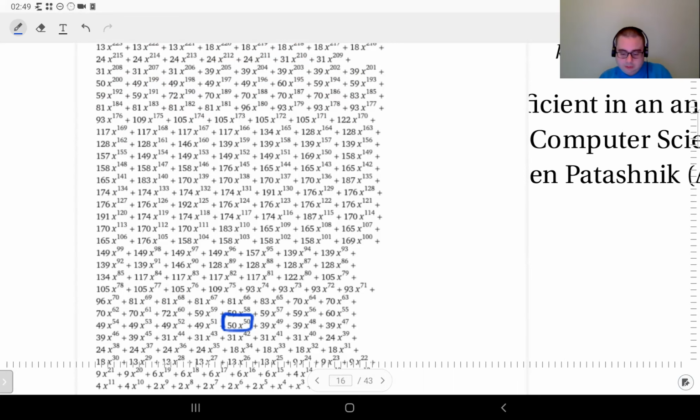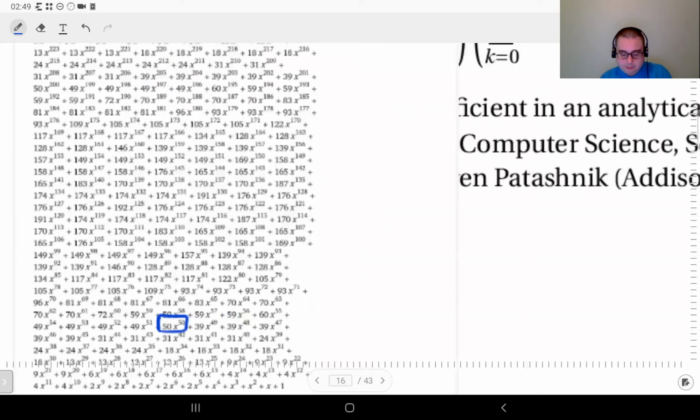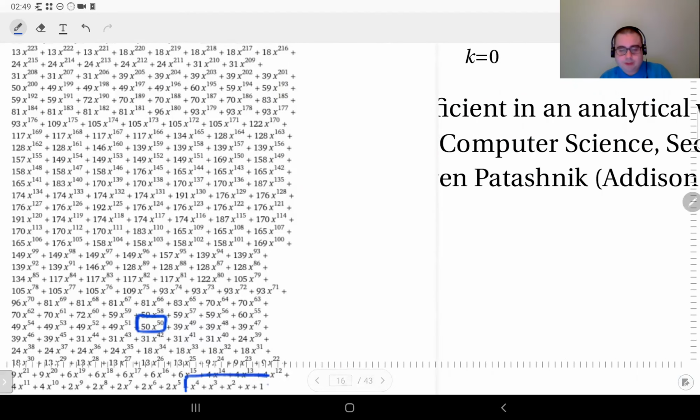Now, look at the ways of the first five, because you see 1, that is x to power 0. So this means you can construct 0 in a single way. And x, this says you can construct 1 in a single way. That's obvious with pennies. 2, you can construct in a single way, 3 and 4.